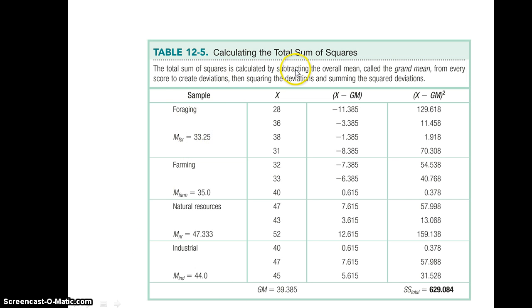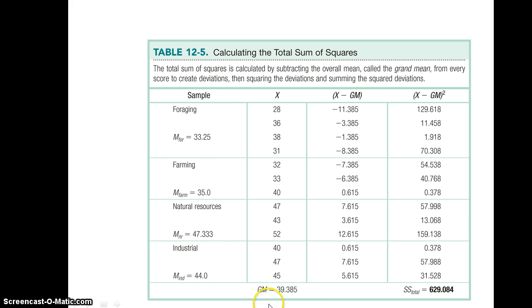So if we wanted to calculate the total sums of squares, this introduces a new term for us, symbolized GM for grand mean. To calculate the grand mean, we basically ignore all of the levels of our independent variable, of which there are 4, and we just take the average of all of the scores, regardless of what group they're in.